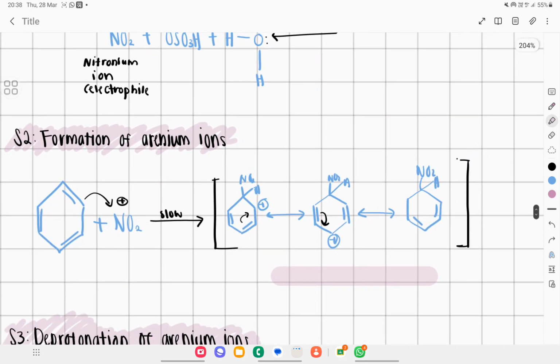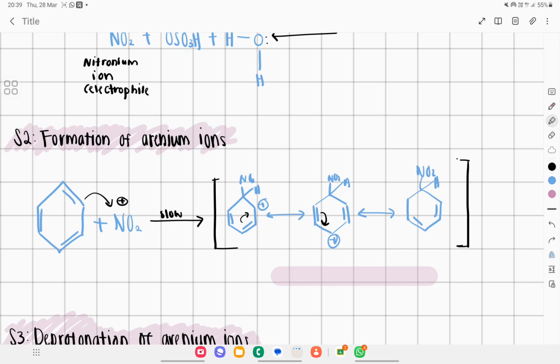Now moving on to the next step. In this step, the benzene ring will act as a nucleophile with its delocalized pi electron cloud.